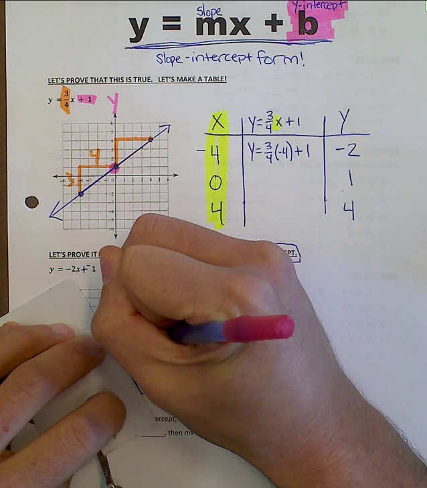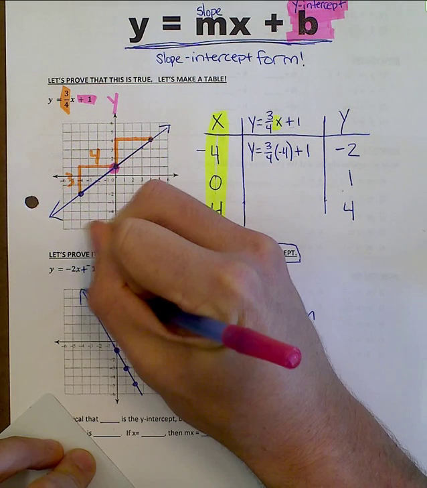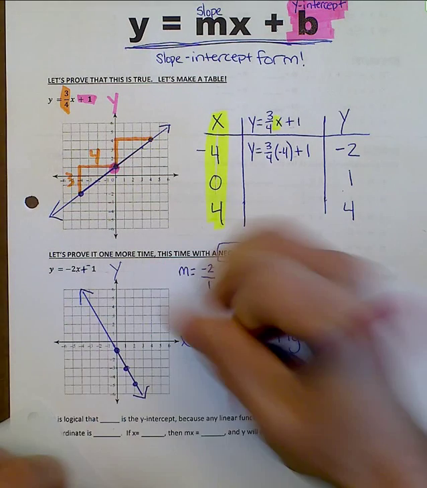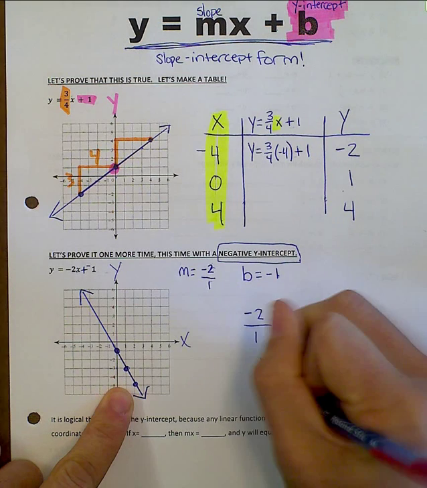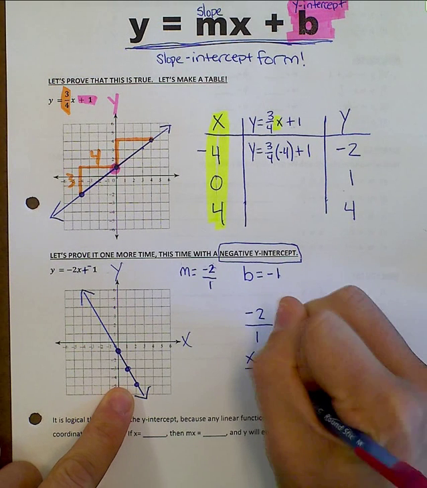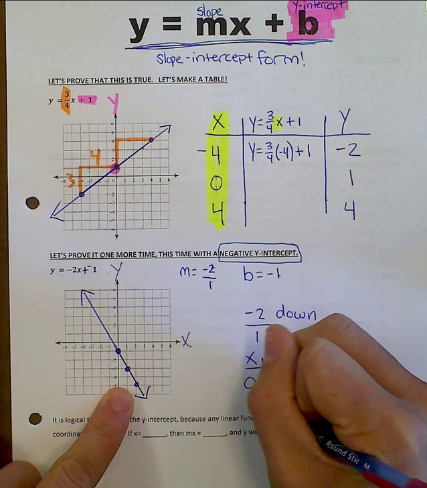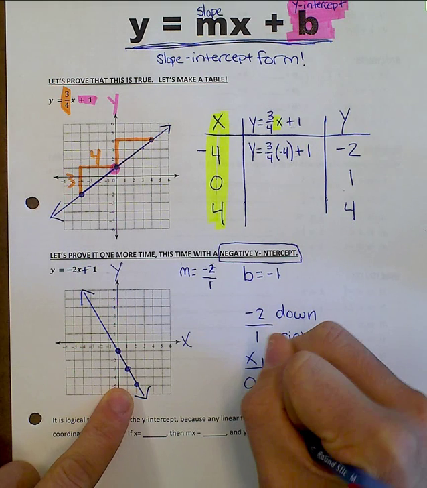And something we did in class to show that this is actually the line, we made a table. And we said, okay, what if I plug in x is 0, 1, and 2? What would my outputs be?